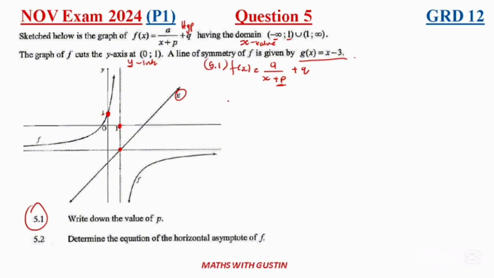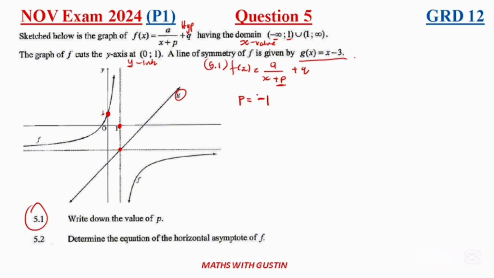So therefore the value of p here is equal to -1. Why is it -1? So that when you solve for x here, it becomes a positive 1, which is our vertical asymptote there.